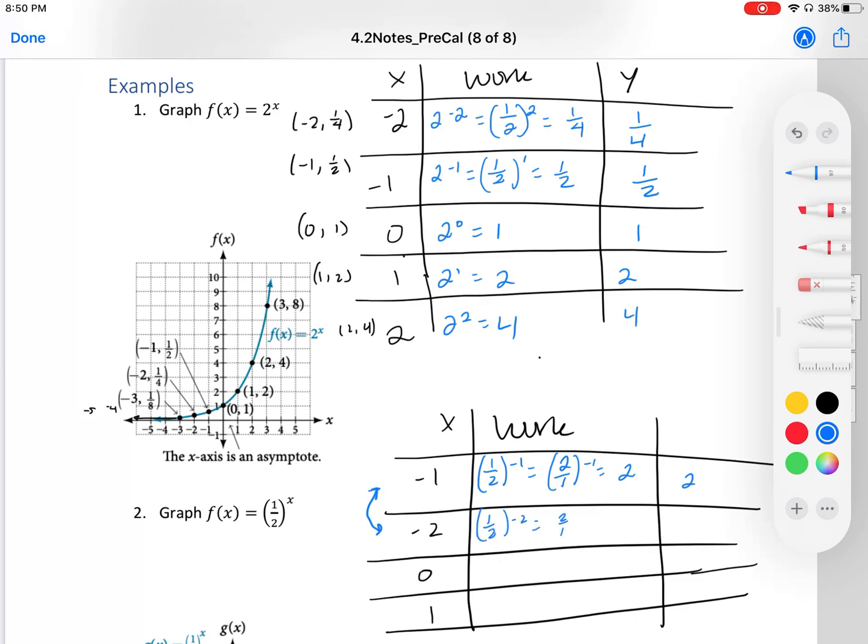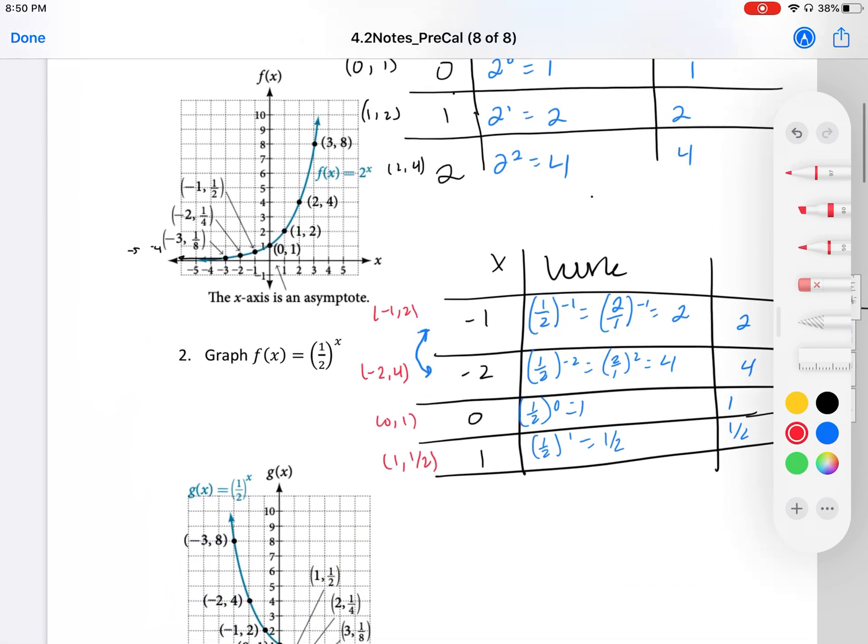We have 2 over 1 raised to the second power, we get 4. 1/2 to the 0 power is 1. And 1/2 by itself is just 1/2. So we can go ahead and plot these points. So I have -1 and 2, -2 and 4, 0 and 1, and 1 and 1/2.